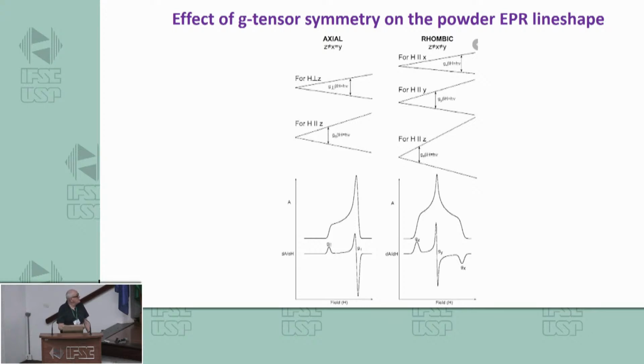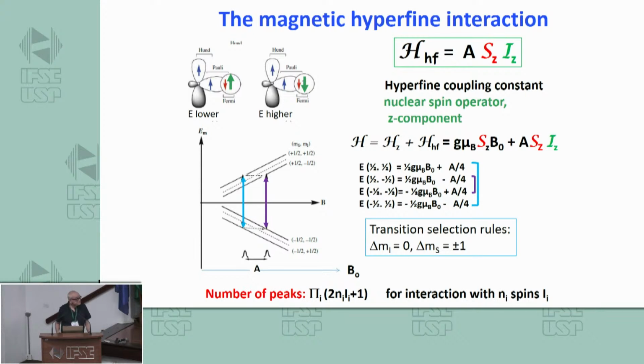So we either observe a situation like this or like this, or in special cases where we have cubic symmetry, we see no anisotropy at all, because in the cubic site, G would have the same value in all directions. So this is one source of information, G anisotropy.